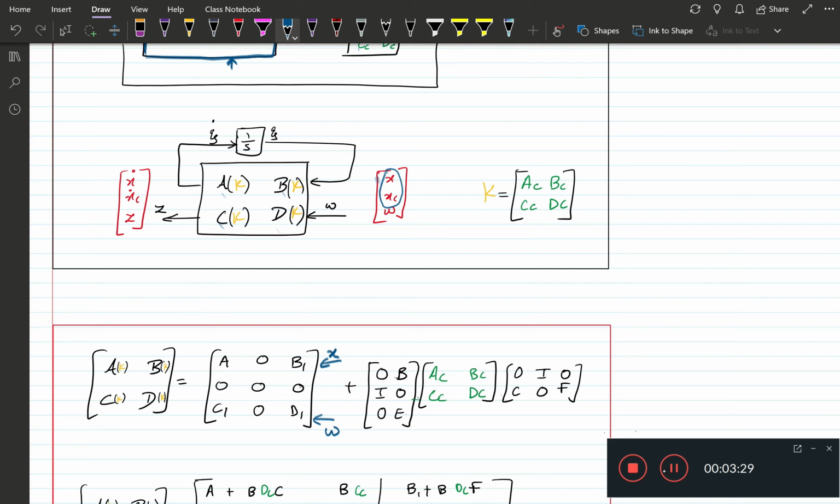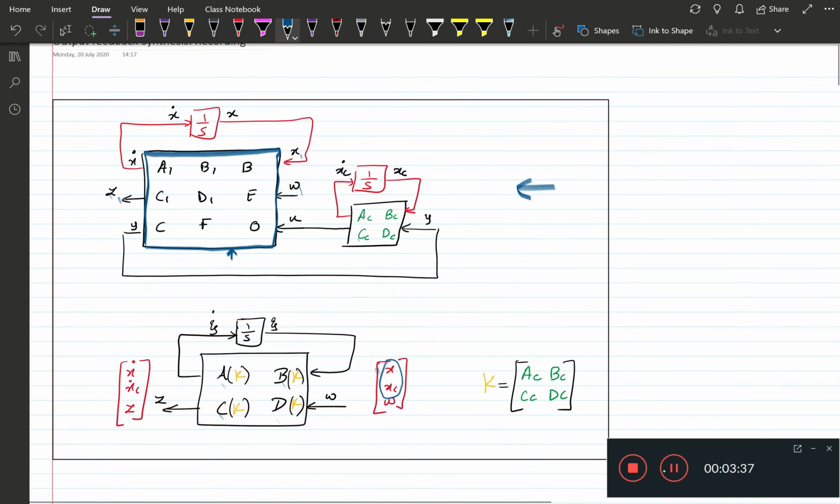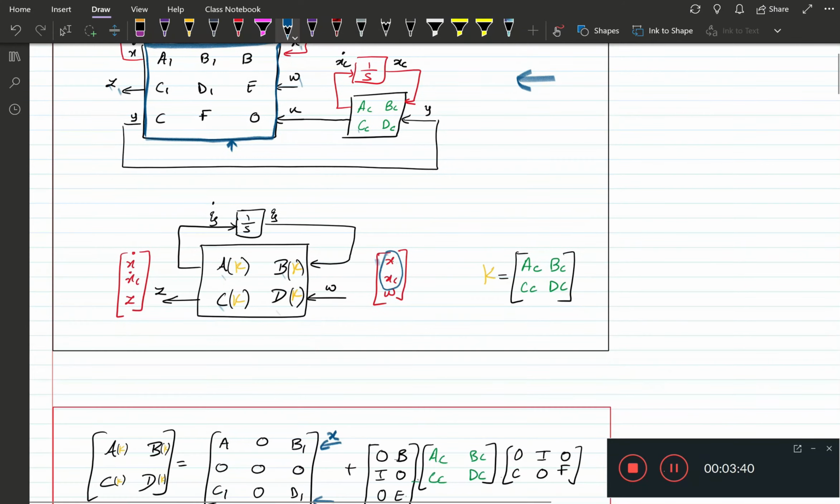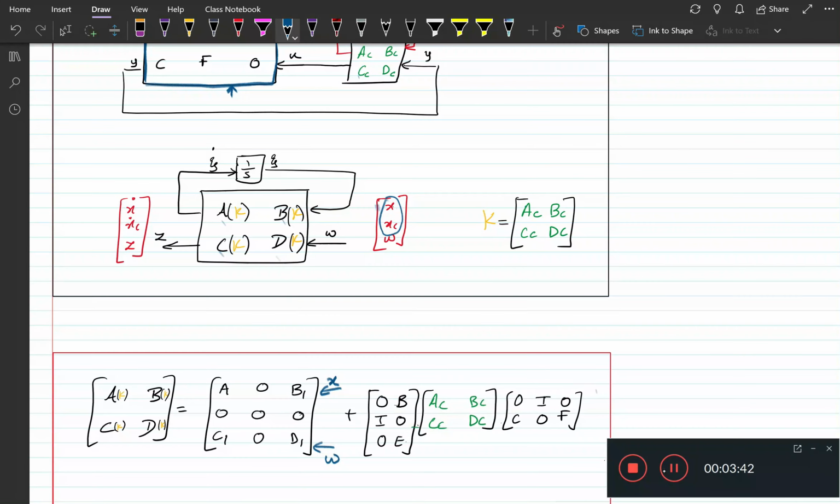Now the controller gets inputs XC and Y. XC is the second channel, so we have XC as the second channel and W as the third channel and X as the first channel.